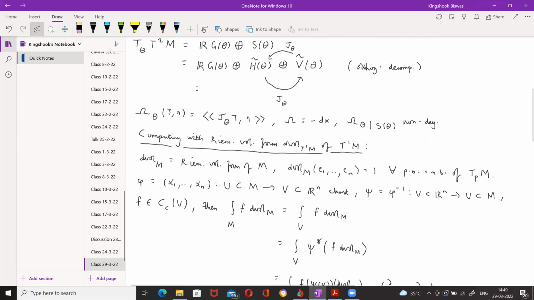So I take G theta, a unit vector, together with an orthonormal basis of H tilde theta, together with an orthonormal basis of V tilde theta.